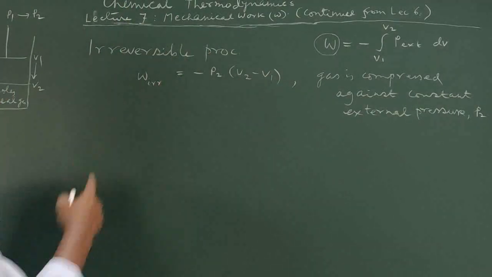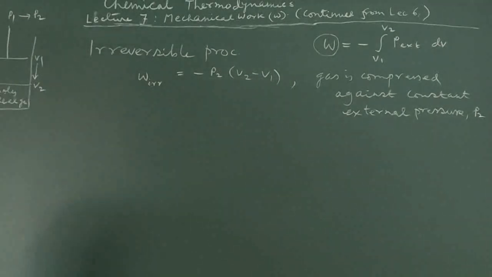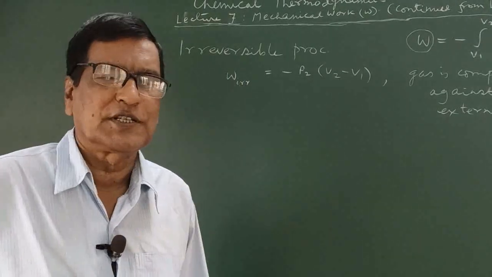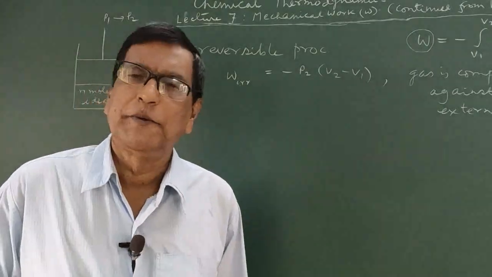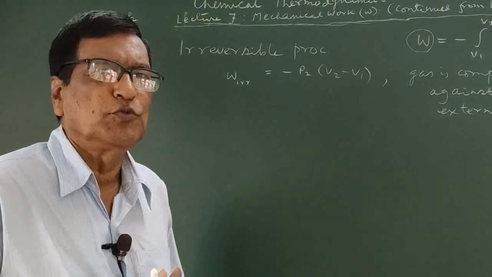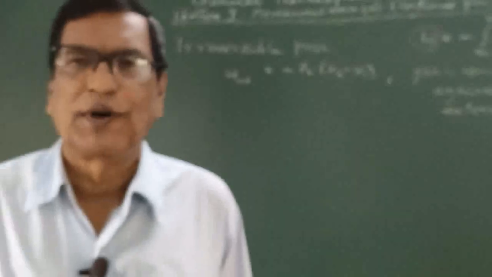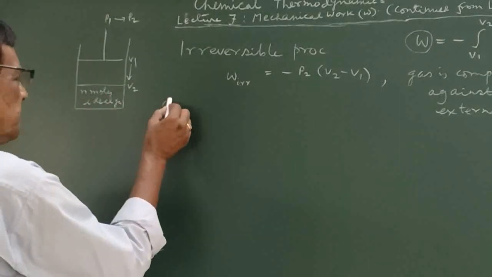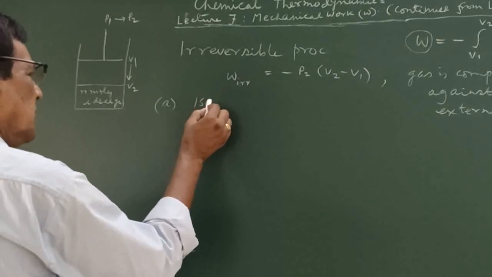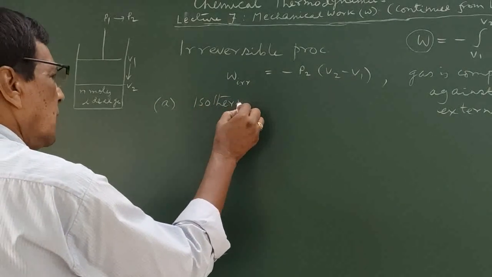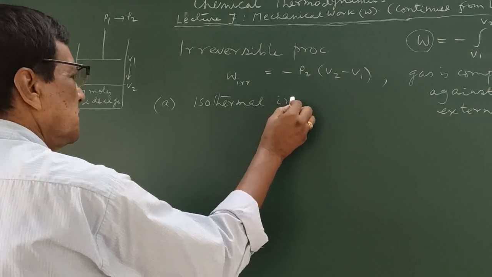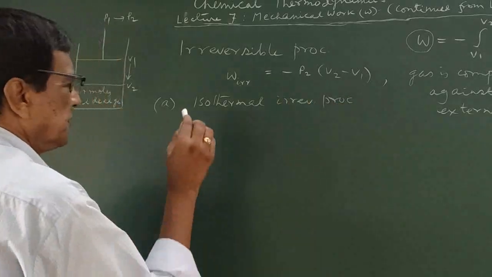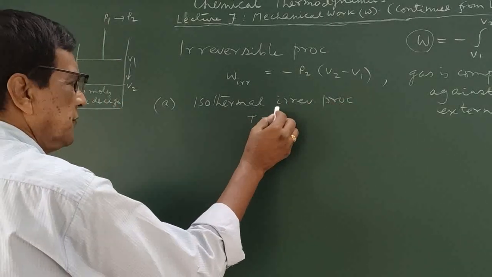And this irreversible process we can do in two ways: isothermal irreversible process and adiabatic irreversible process. Let us formulate the magnitude of this work for these two types of processes. And A, it is the isothermal irreversible process. Here T is kept fixed.